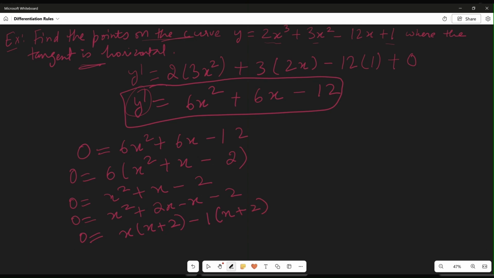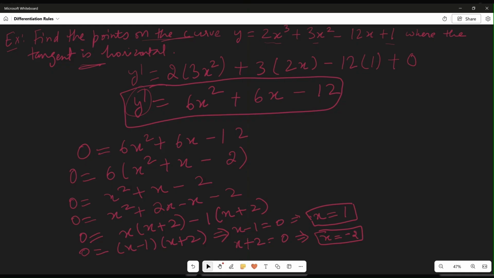So x square plus 2x minus x minus 2. So we have x minus 1 times x plus 2, and if we further evaluate this, x minus 1 is equal to 0, which means x is equal to 1, and x plus 2 is equal to 0, which means x is equal to negative 2.